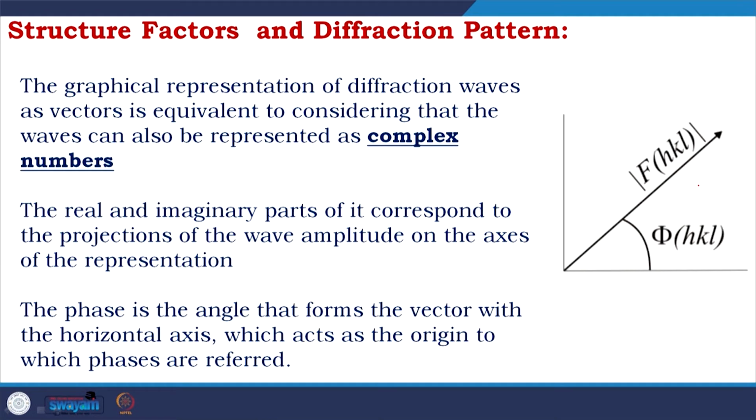The phase is the angle that the vector forms with the horizontal axis, which acts as the origin to which phases are referred. So, you see here amplitude and here phases.